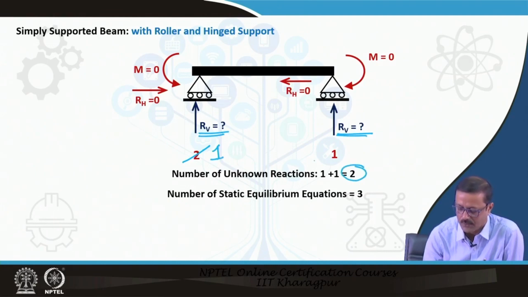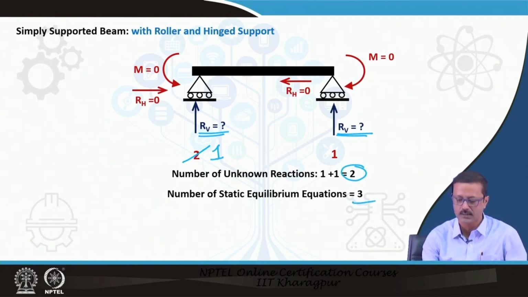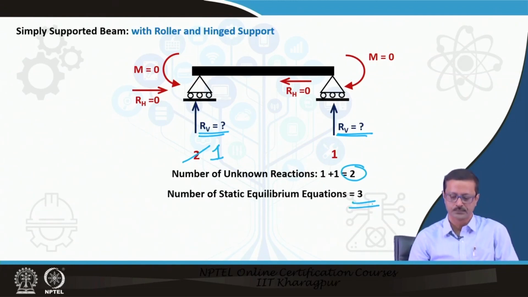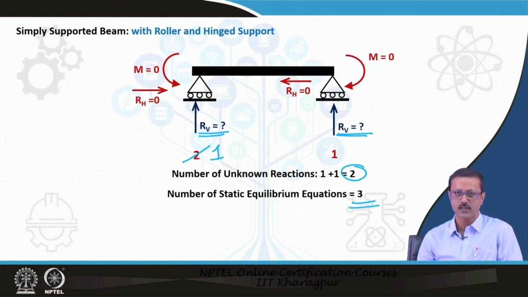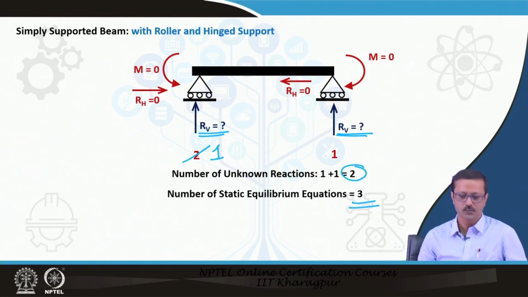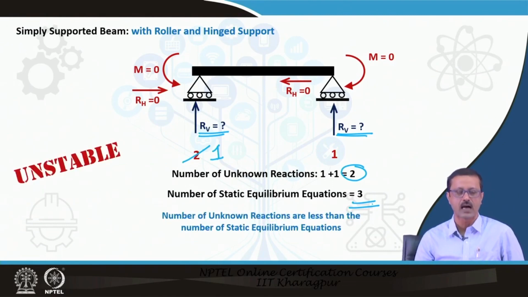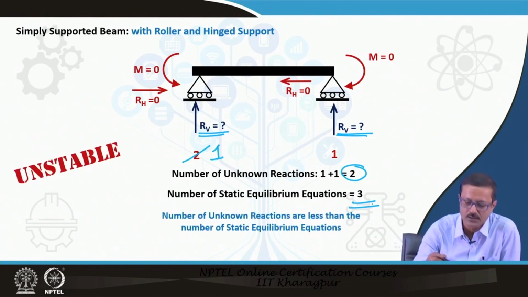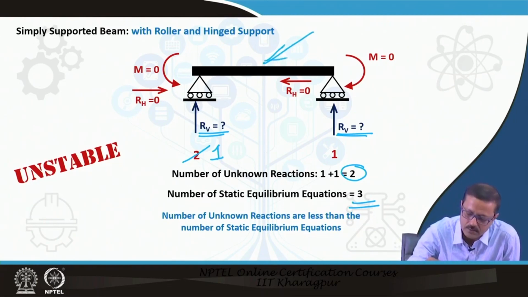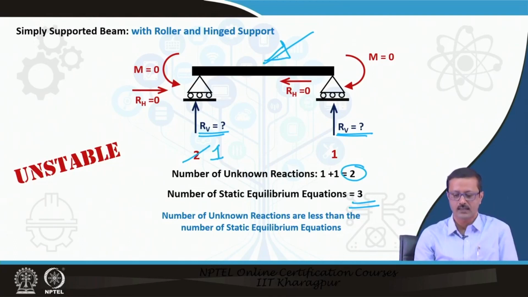The total number of unknowns is 2 and the total number of equations is 3. So, this is another case. In this case I have 2 unknowns, but 3 equations available. So, the unknowns are fewer than the equations, and it gives a very unstable situation. As you all know, if I put a load like this, what is going to happen? This roller will move. That gives the instability condition.